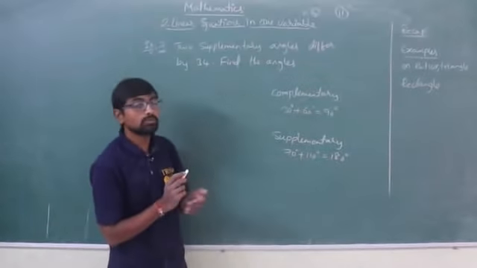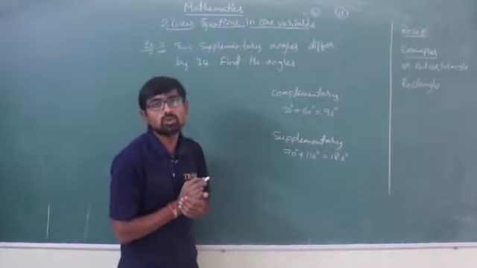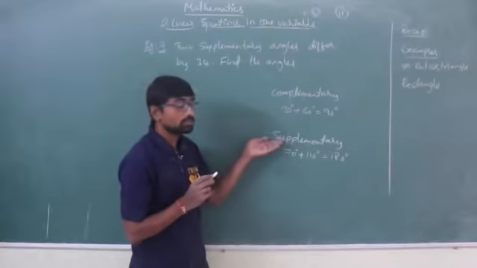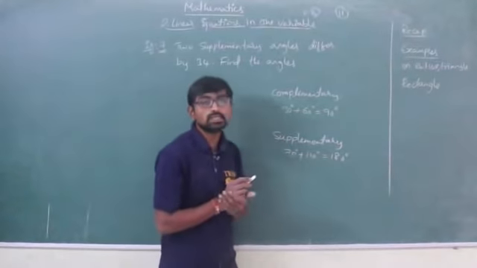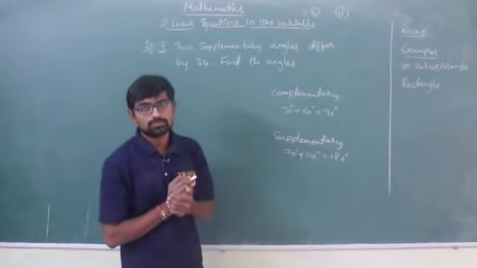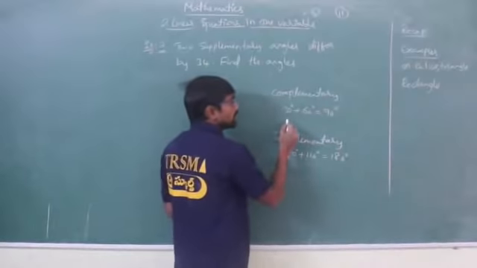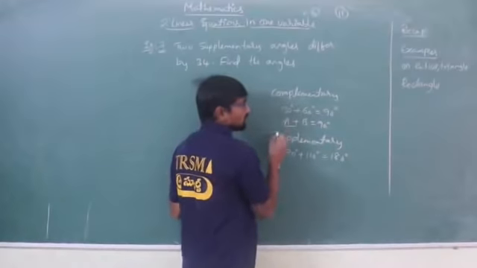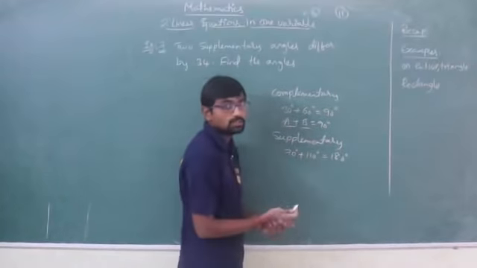The definition of complementary angles is that the sum of two angles is exactly 90 degrees, and in supplementary the sum of two angles is exactly 180 degrees. I can write the formula as A plus B equals 90 degrees, where A is the first angle and B is the second angle.